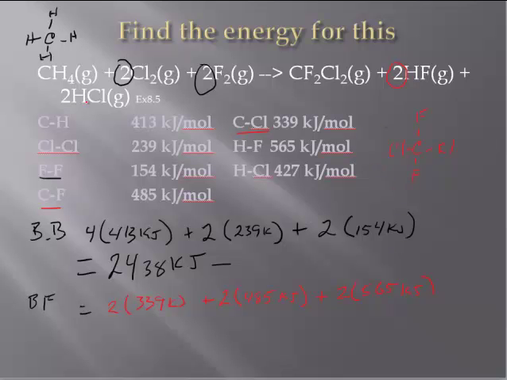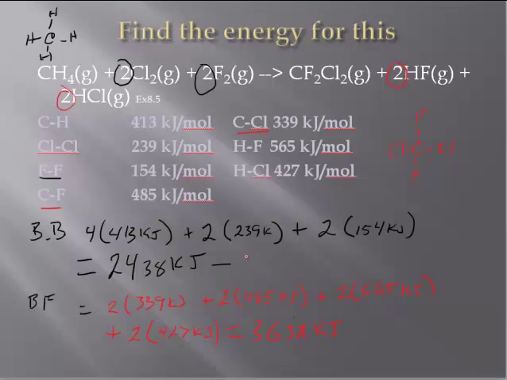And then an HCl bond, but again, focus on that coefficient. We've got 2 HCl's. So that's plus 2 times 427 kilojoules. And you add that all up, that equals 3,632 kilojoules.